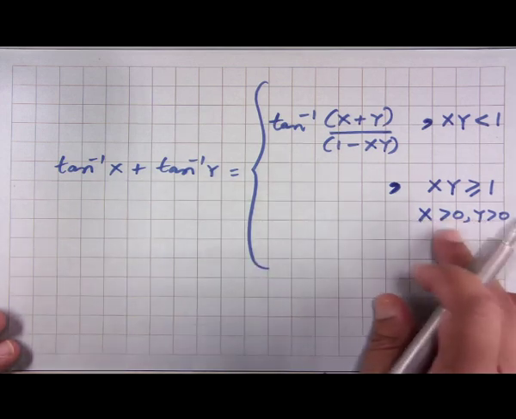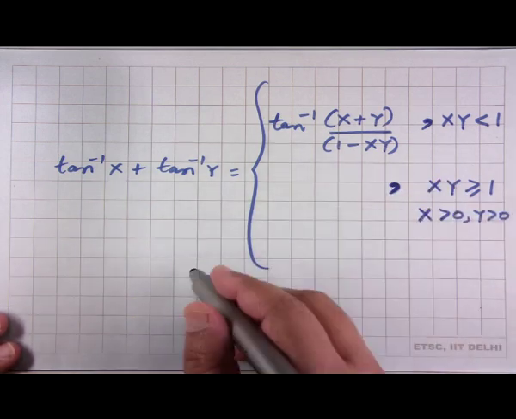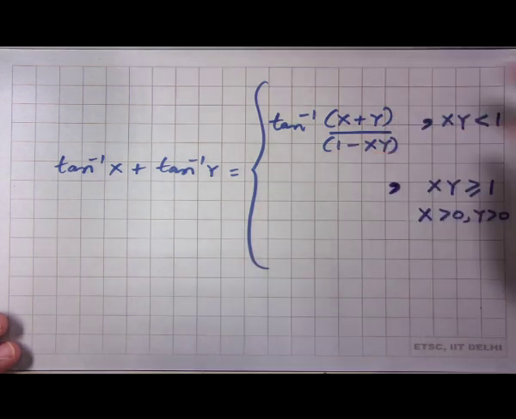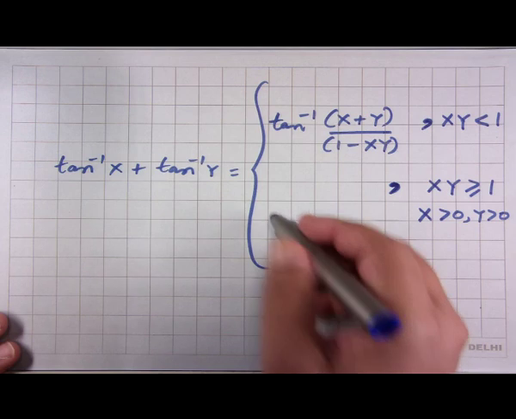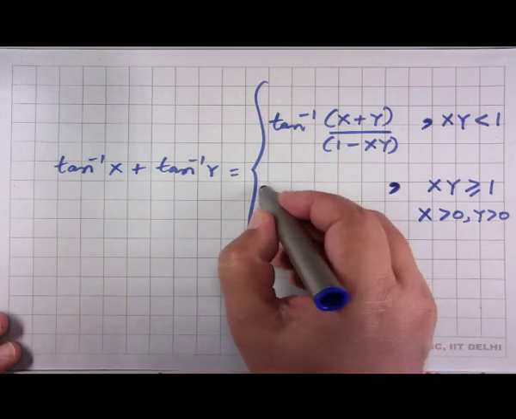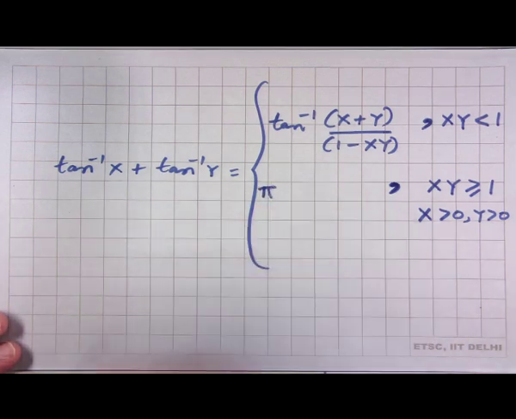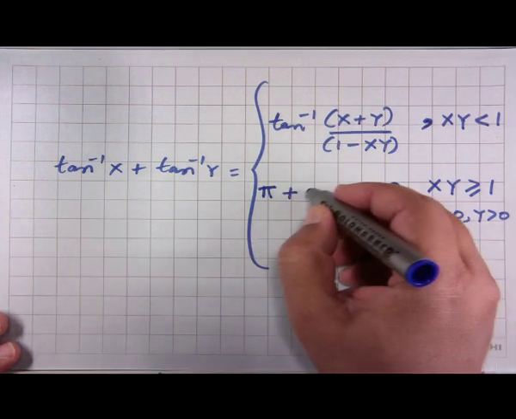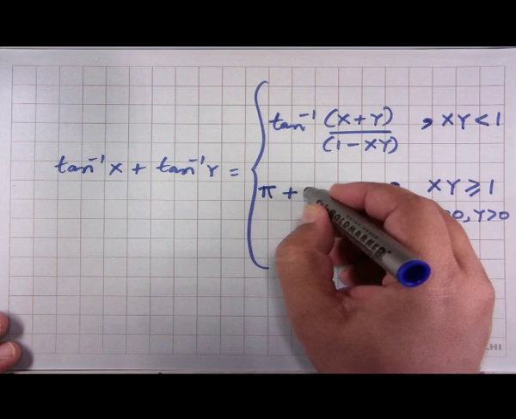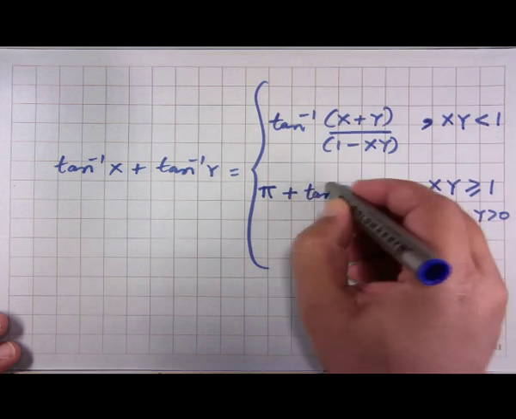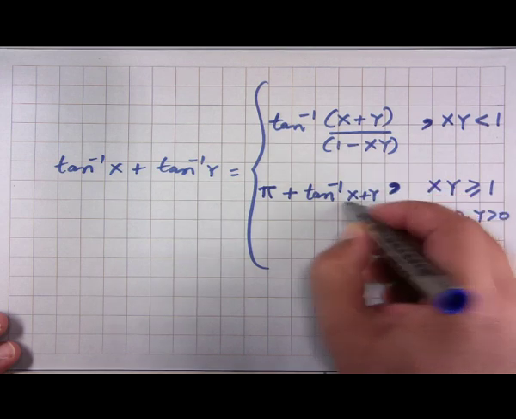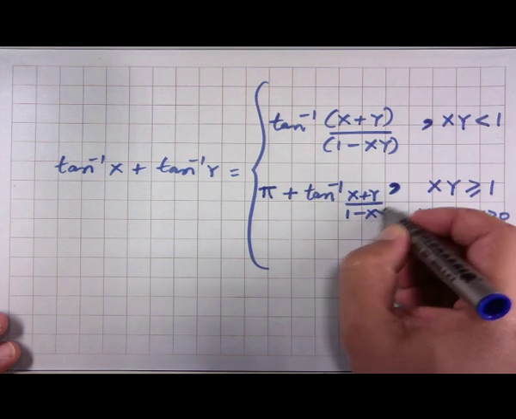If we have this case, then this expression is still going to remain. So it will be pi plus tan inverse of x plus y over 1 minus xy.